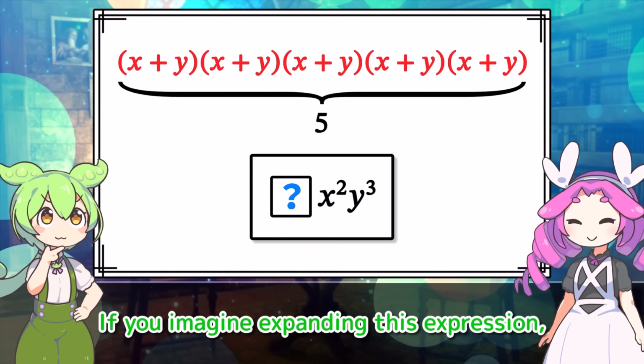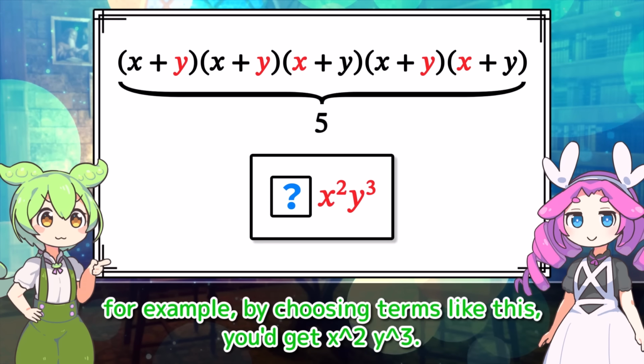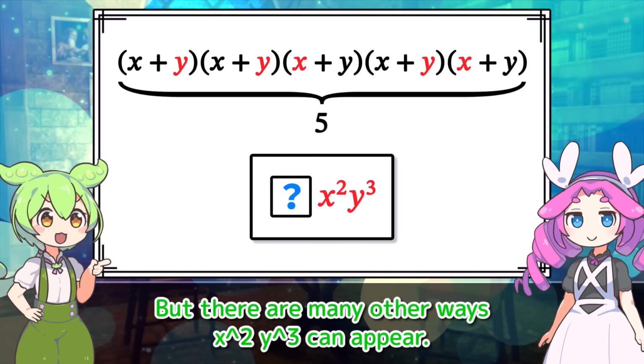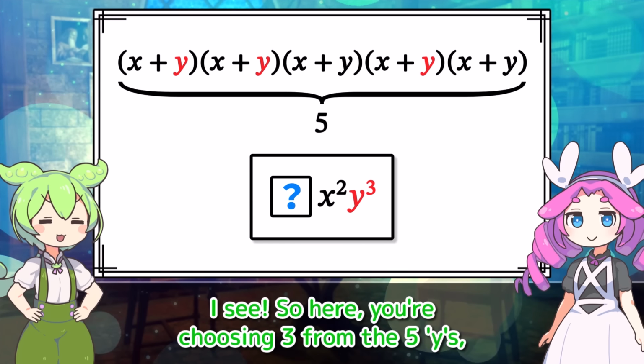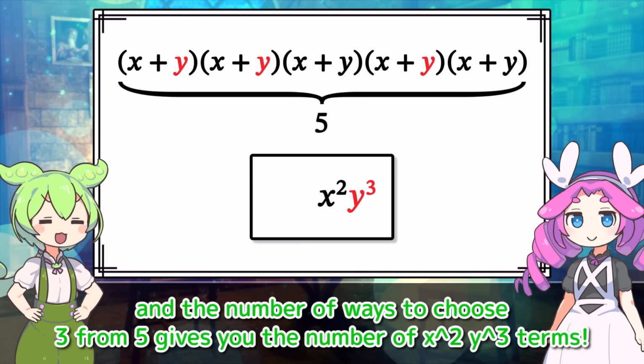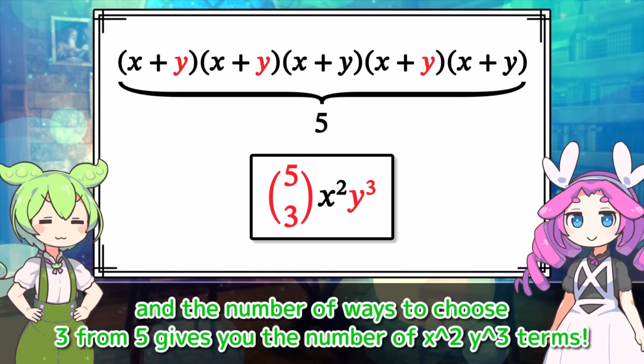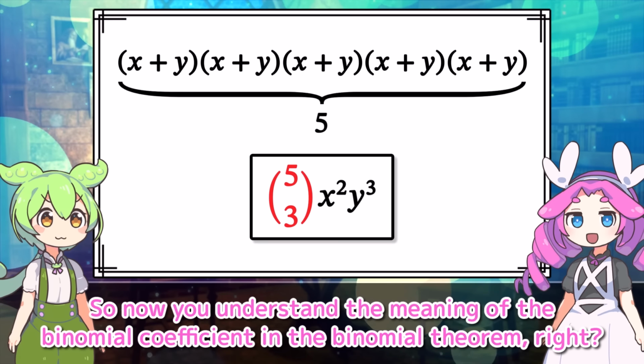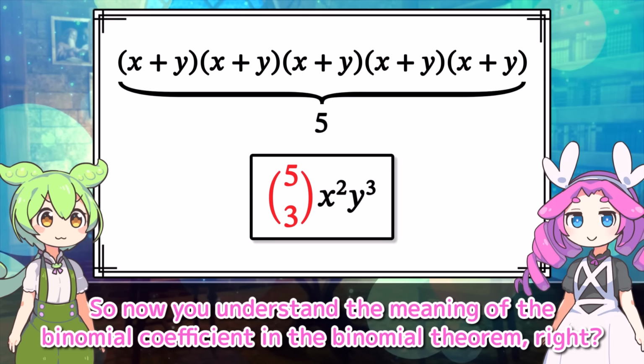If you imagine expanding this expression, for example, by choosing terms like this, you get x^2y^3, but there are many other ways x^2y^3 can appear. I see. So here you're choosing 3 from the 5 y's, and the number of ways to choose 3 from 5 gives you the number of x^2y^3 terms. Exactly. So now you understand the meaning of the binomial coefficient in the binomial theorem, right?